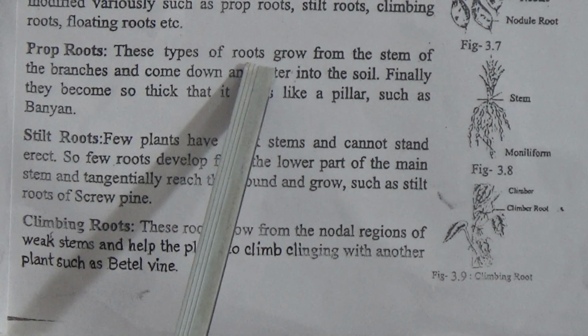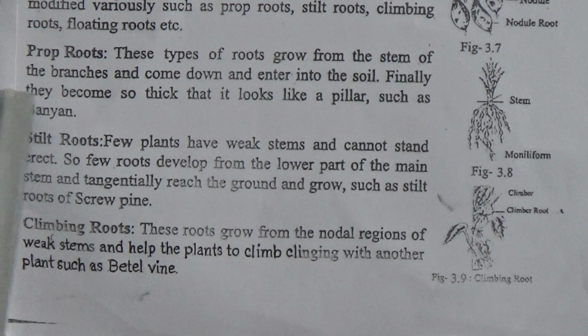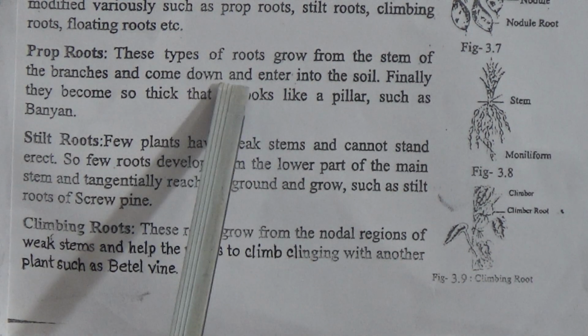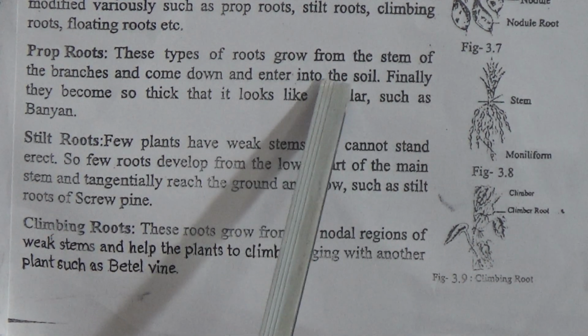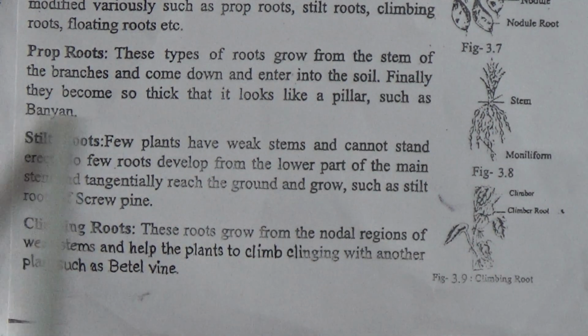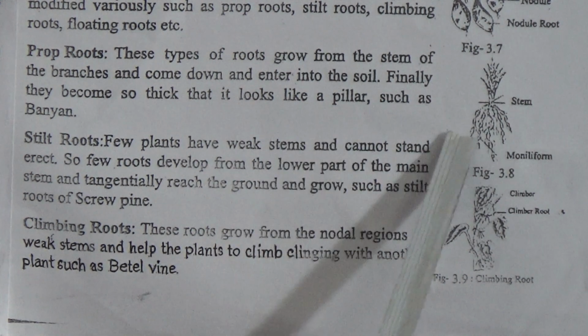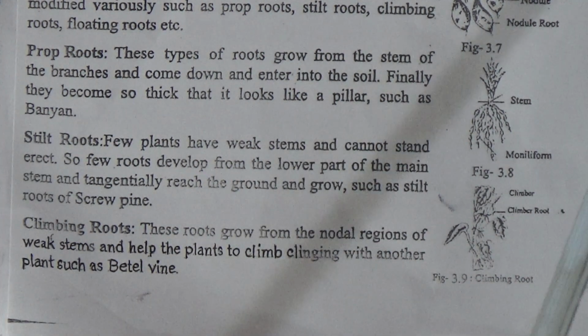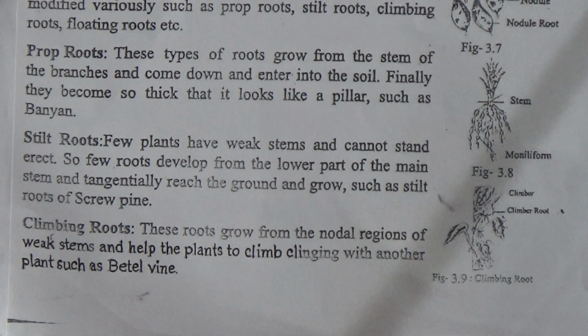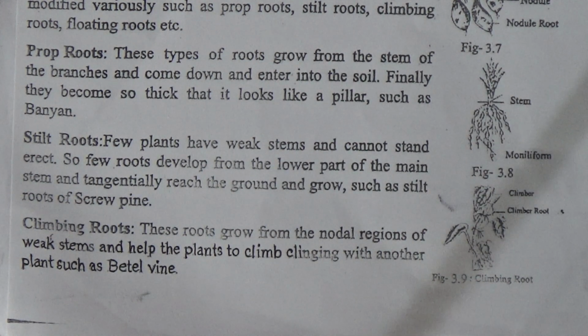These types of roots grow from the stem of the branches and come down and enter into the soil. Finally, they become so thick that it looks like a pillar, such as banyan. You can see here is a prop roots example. This is a banyan tree. This is prop roots.